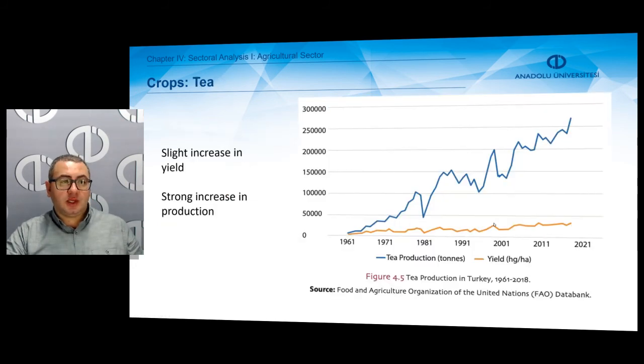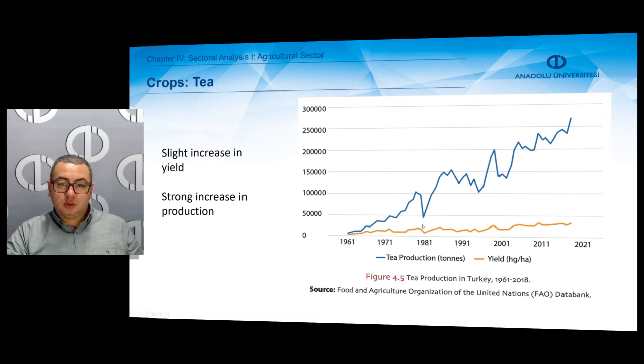When we look at the production of tea, we capture a slight increase in yield value, which means that in Turkish agriculture, tea production is done more efficiently compared to the 1960s, 1970s, or 1980s.